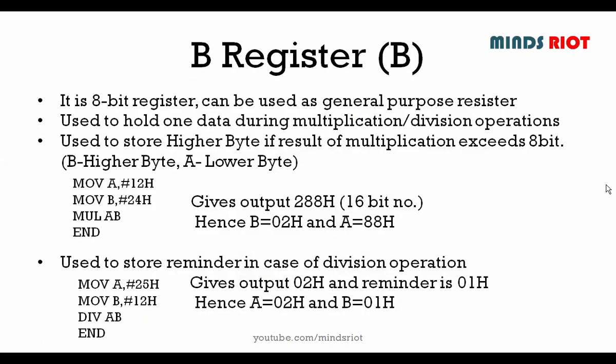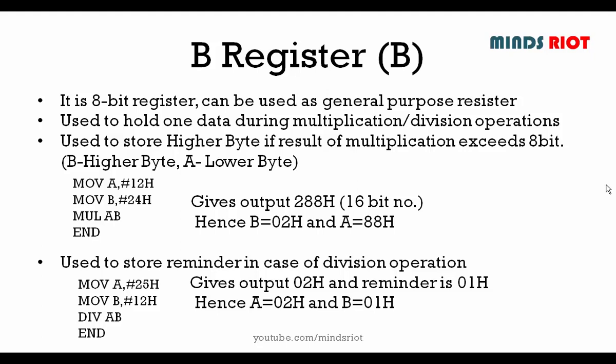The second important register is register B. It is again an 8-bit register and can be used as a general purpose register. It plays an important role during multiplication and division operations. In case the multiplication result of 8-bit numbers exceeds 8 bits, that is the result is 16-bit, then the accumulator contents and register B contents are used: accumulator contents lower byte and register B contents higher byte.